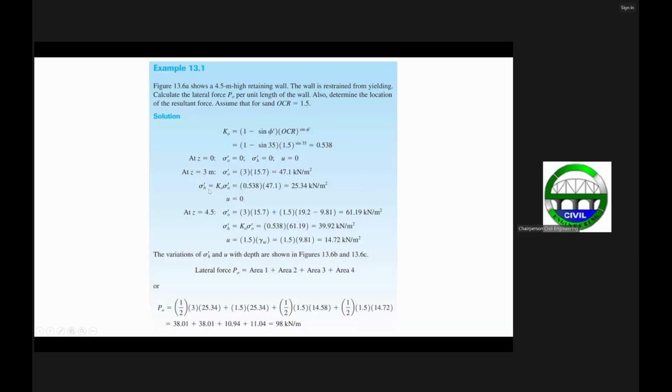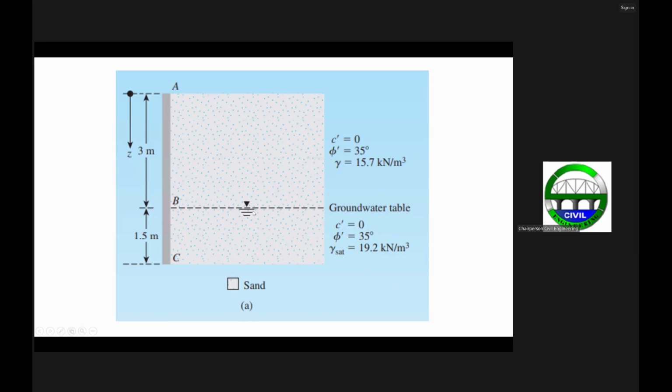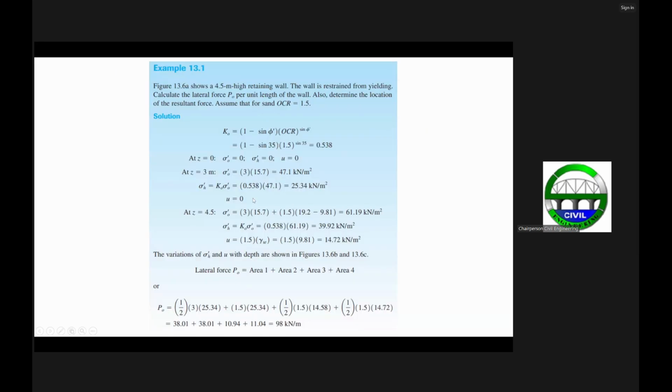At depth 3 meters, the overburden stress is the height, 3 meters, multiplied by the unit weight of the soil, 15.7.